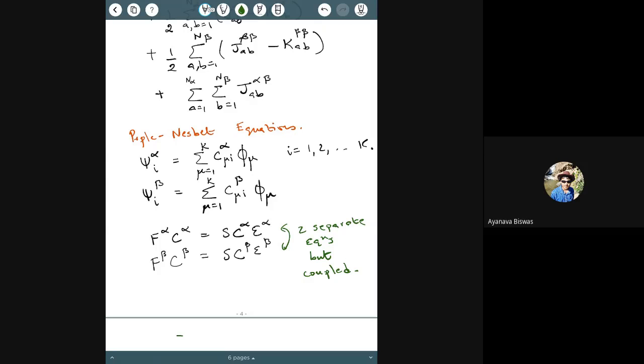You solve one equation and obtain the orbitals. Let's say you solve the alpha equation, you get the orbitals for the alpha electron. Then you can use those orbitals to construct the Fock operator for the beta electron, and you solve the beta equation. And again, with those new alpha and beta orbitals, you reconstruct the Fock operator for the alpha electron.